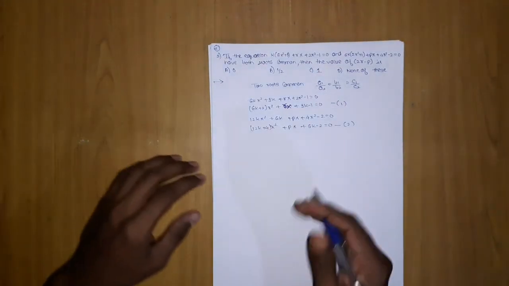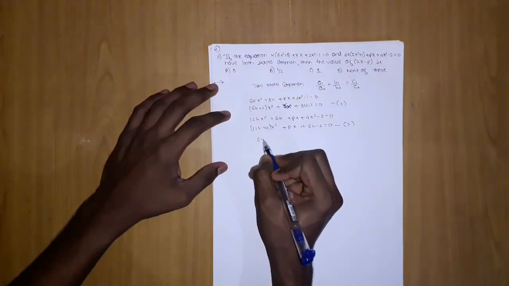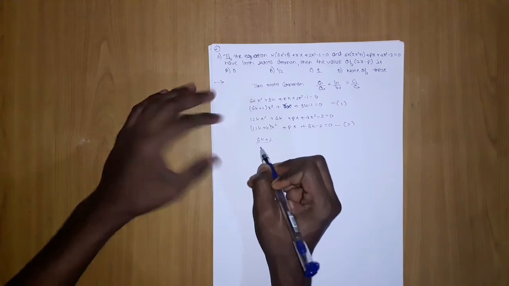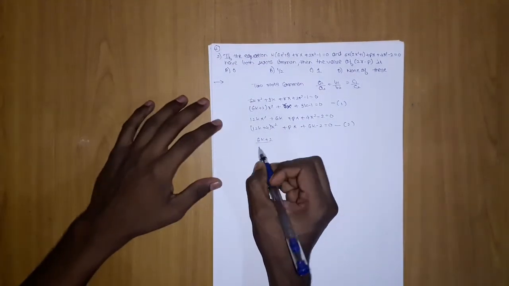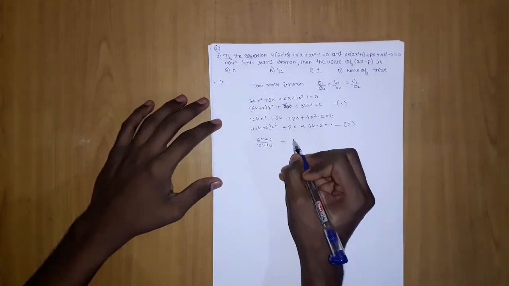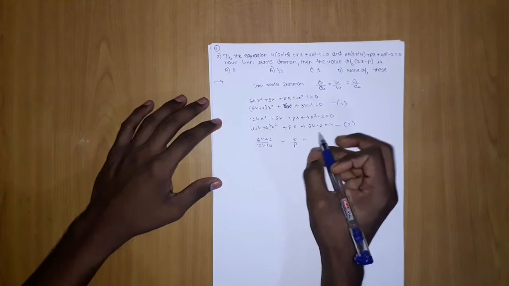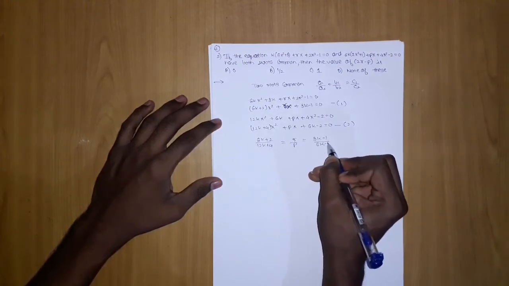Now we will apply the two roots common condition, which will be as follows: 6k plus 2 upon 12k plus 4 should be equal to r upon p, which should be equal to 3k minus 1 upon 6k minus 2.